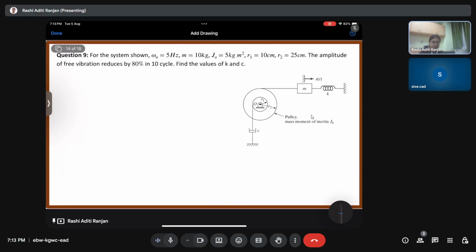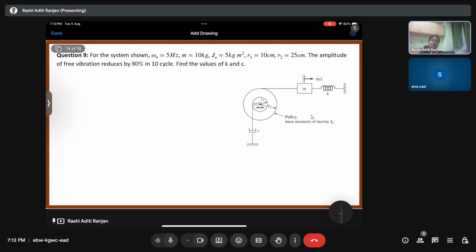So we cannot use the concept from the previous question, where the energy was constant and we differentiated it and made it equal to 0. Here it is not equal to 0 because the energy is reducing with respect to time, right? So the better way is to use the force balance method. Okay.